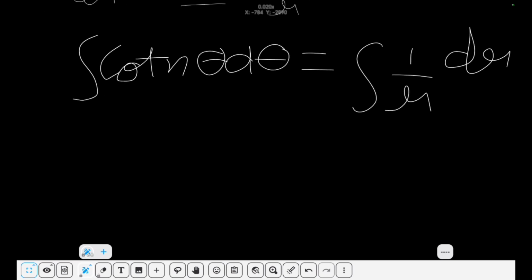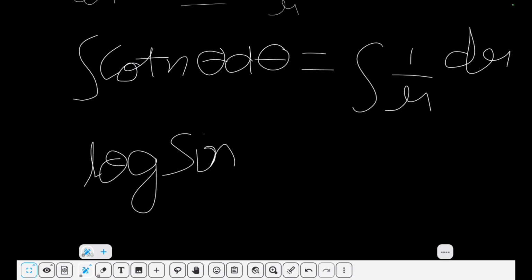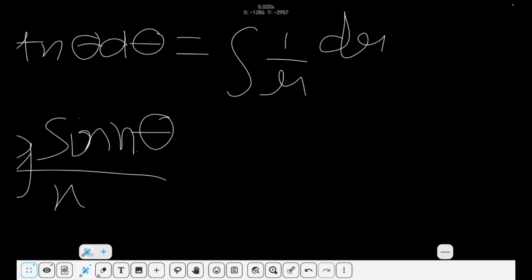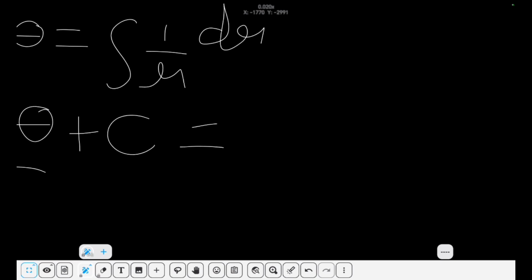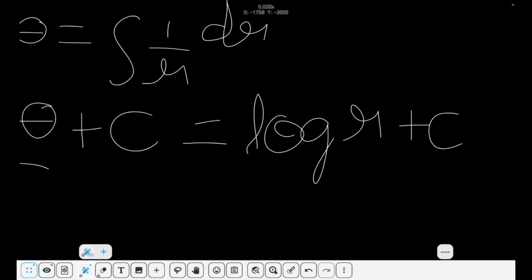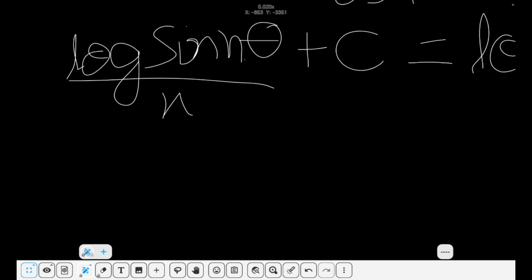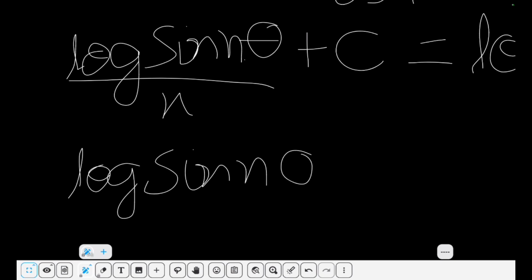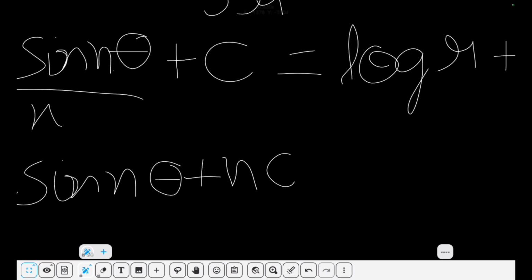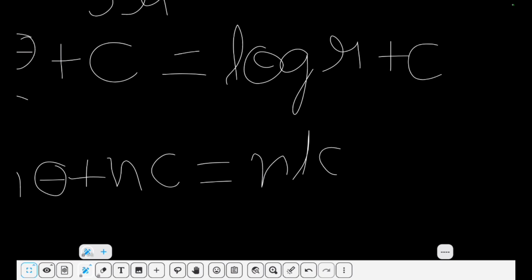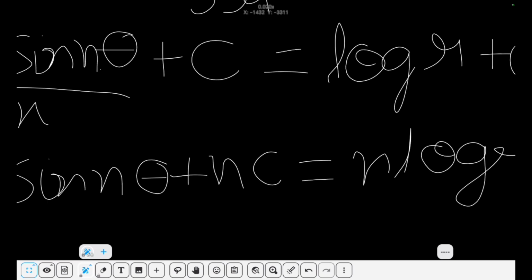Now integration of cot n theta is log of sin n theta by n, because n is a constant, plus c, equals integration of 1 by r, which is log r plus c. Taking LCM again, log of sin n theta plus nc equals n log r. The n on this side I cross multiply and shift to the other side, so we get n log r.